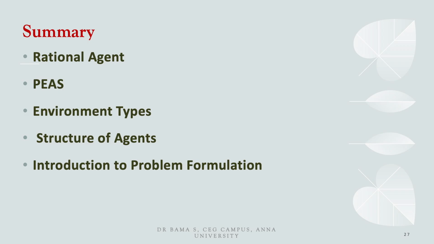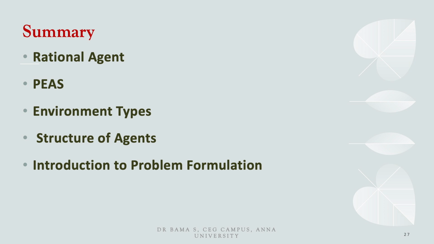To close, in this module, we have covered the agent and what is rational about it, what is right about it, and being rational, we brought about 4 specifications with respect to the performance, environment, actuators and sensors. If we define certain things, then we can say we can design something as an agent.